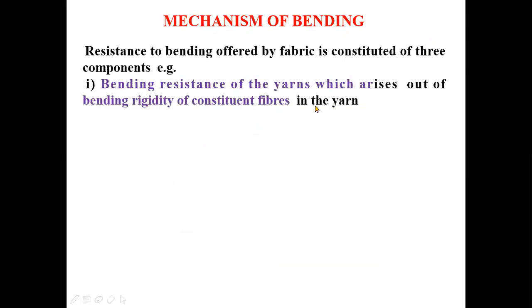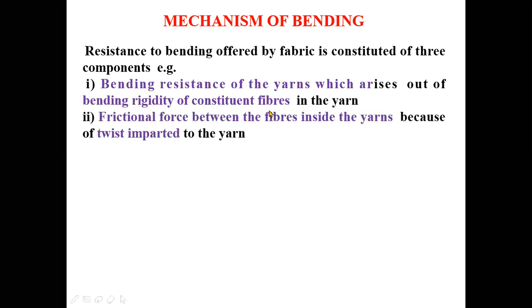Now you know that the fabric is made of yarn, and the yarn in its turn is made of fiber. When we try to deform the fabric, or bend the fabric, the bending resistance of the yarns, which arises out of the bending rigidity of the constituent fibers in the yarn, will try to oppose the bending.